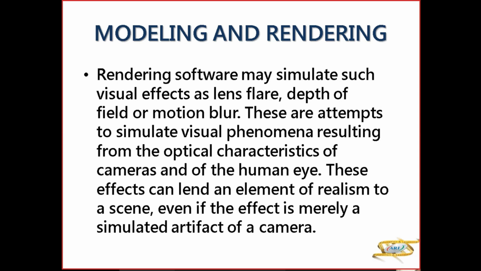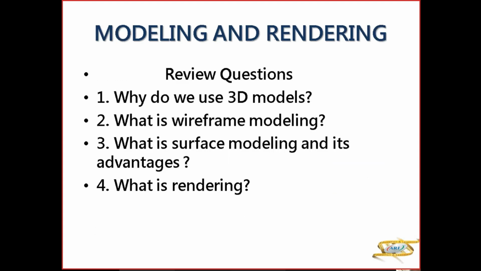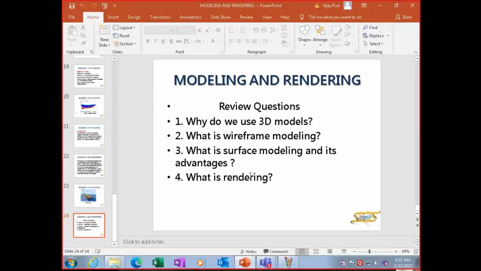So how the effect of realism is done with rendering. So these effects can lend an element of realism to the scene, and the simulation basically is of camera effect, but it looks like it's real. So that is your 3D rendering. Just have a video of it.